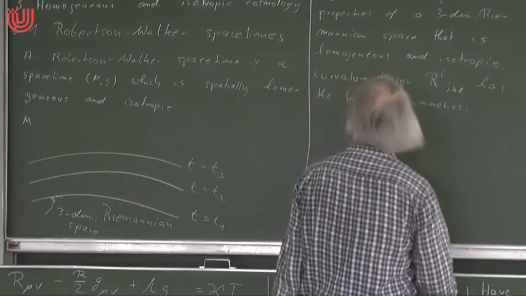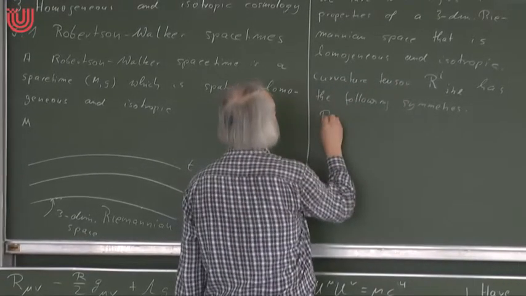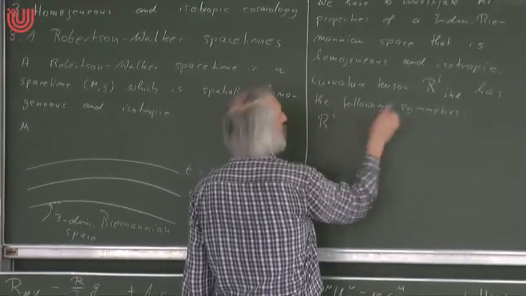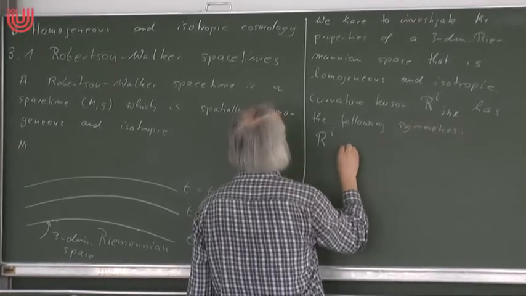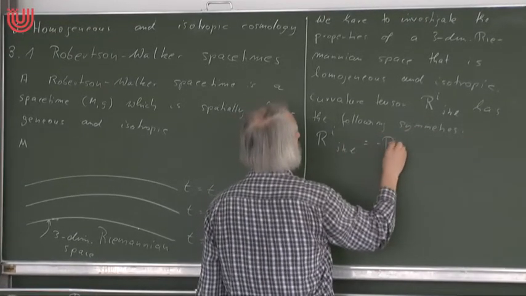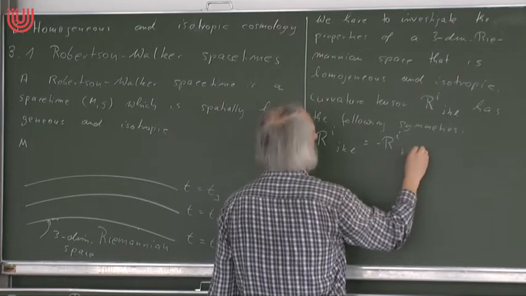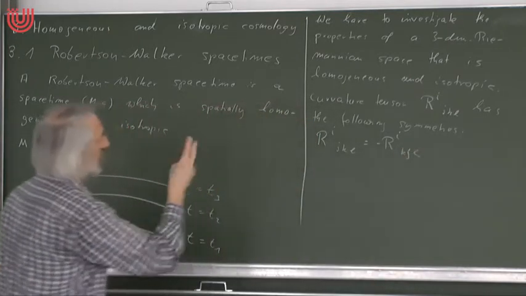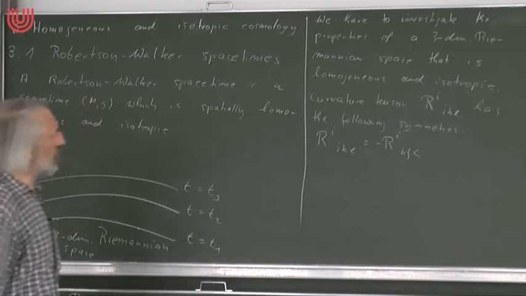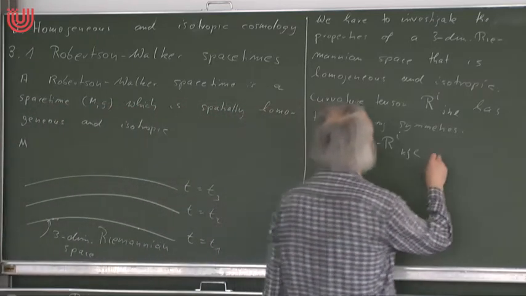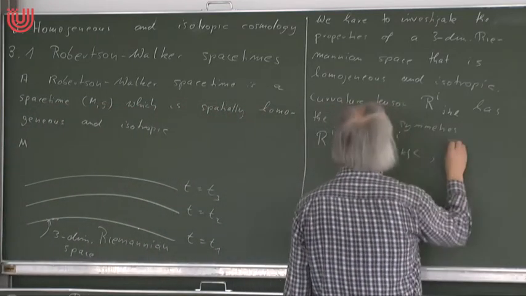So the curvature tensor has the following symmetries, just to remind you. It was antisymmetric in J and K. We will use these symmetries now heavily. Also antisymmetric in K, L. If I interchange, this follows directly from the expression of the curvature tensor in terms of the Christoffel symbols. And then we have this symmetry.